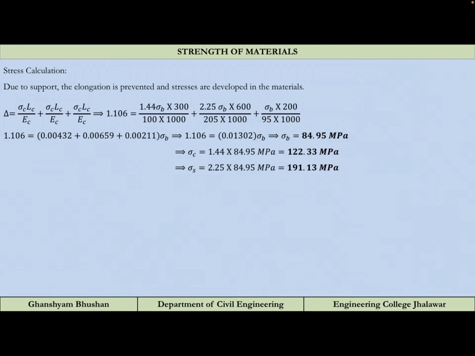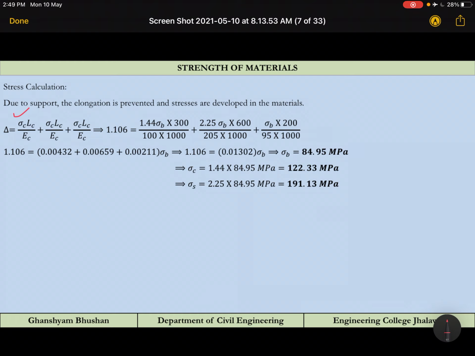So what we are going to do is check how the net deformation comes to be 0, because the compressive forces are resulting in compressive stresses. So this is sigma C, L_C, E_C, this is sigma S for steel, so there will be S everywhere, and this is for B, brass.